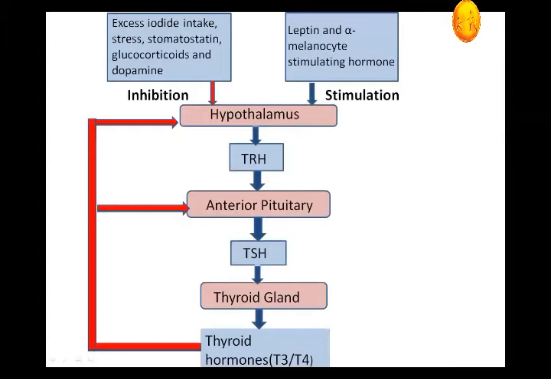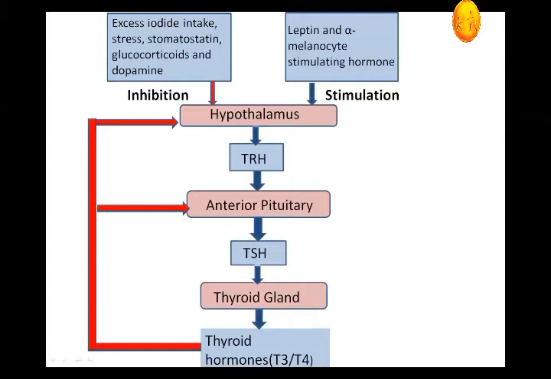Now, what stimulates the thyroid hormone? Leptin and alpha melanocyte stimulating hormone stimulate the hypothalamus. The hypothalamus stimulates thyrotropin releasing hormone. Thyrotropin releasing hormone acts on the anterior pituitary, which produces TSH, thyroid stimulating hormone, and TSH acts on the thyroid gland and the hormones are produced.